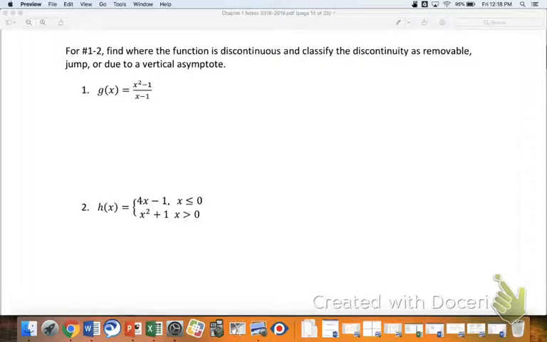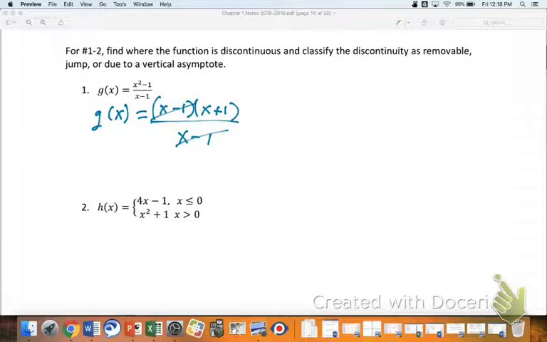I'm thinking that with number 1, perhaps the easiest approach would be to factor the top. The top factors as the difference of 2 squares, and you do something like this, right? Oh, it's frozen, sorry. I always forget. There we go.